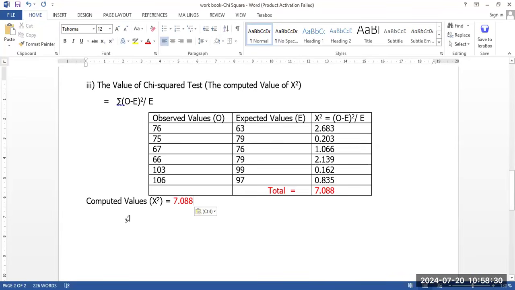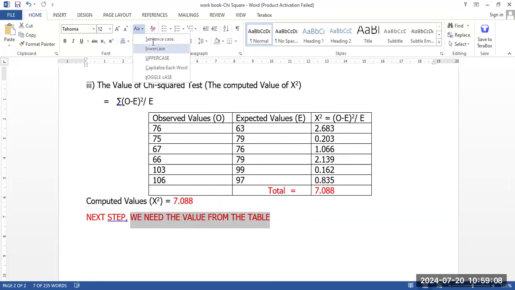So we are done with that part. It means that we now need the next step: the value from the table. I'm very slow, but I need you to understand these concepts clearly. How are you going to get the value from the table?